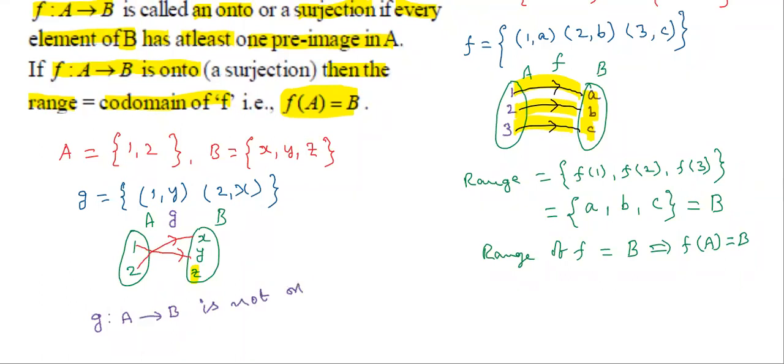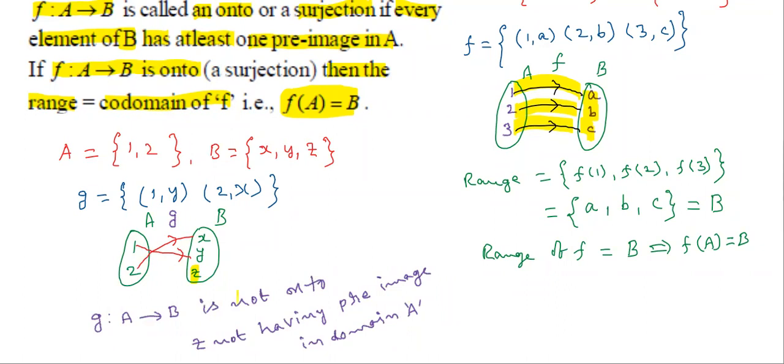Yes or no? Why is it not onto? Z is not having a pre-image in domain A. That's why this is not an onto function.